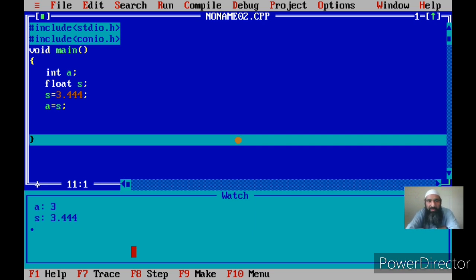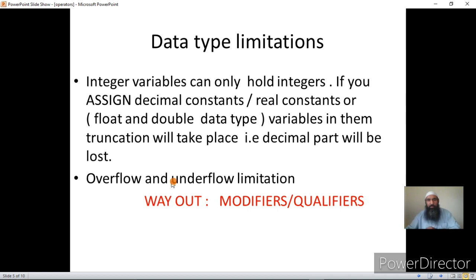So once and for all times to come, you should remember that integer variables can hold only integers, and if you try to assign decimal constants or float or double type variables into them and try to store their values in them, it will only accept the integer part and the decimal part will be thrown away, or truncation will take place. I hope this is clear now. This is the data type limitation of the integers.